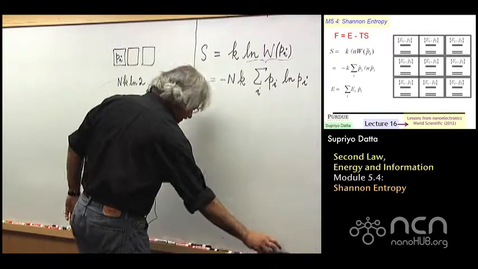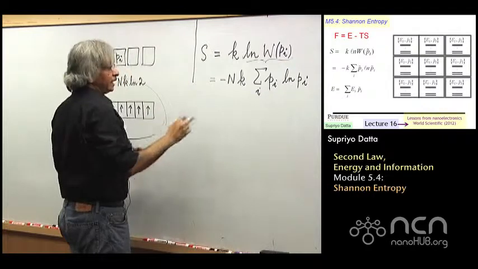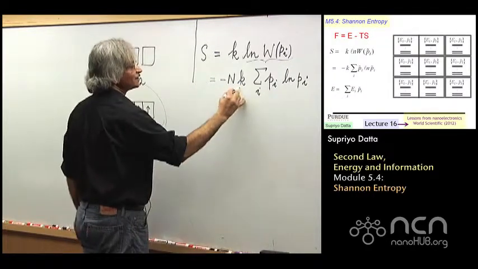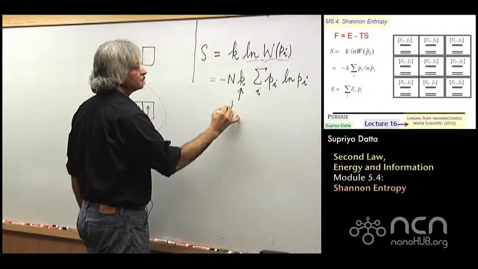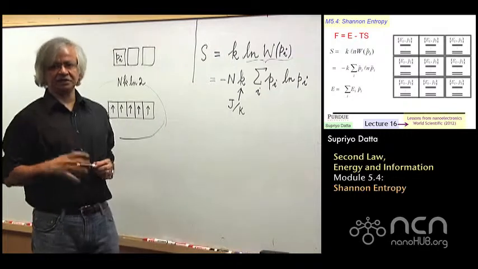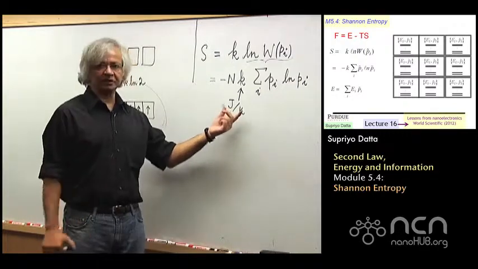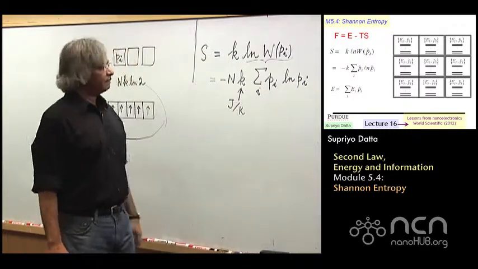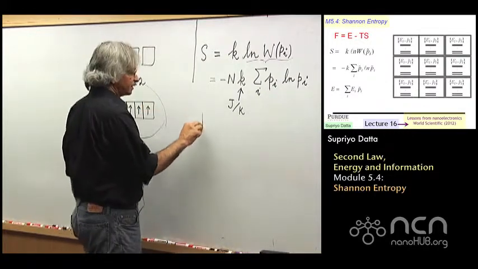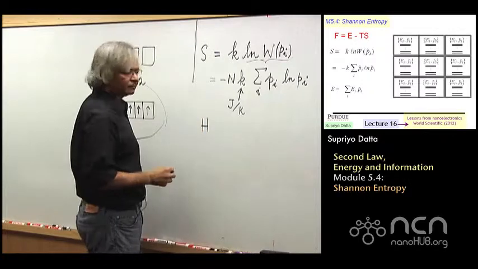That doesn't have the S in it. That doesn't have the K in it. So this K you see is Boltzmann's constant, which is joules per Kelvin. It has dimensions. kT is energy. So K is joules per Kelvin. It's got dimensions. But the way you define information entropy, I think they usually write it as H, probably.